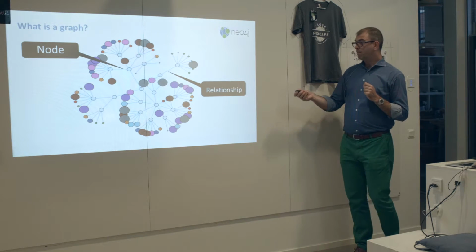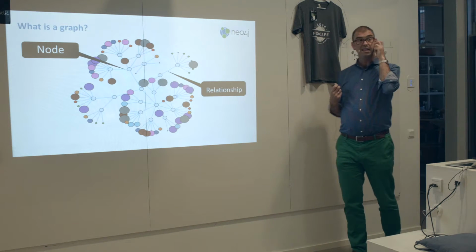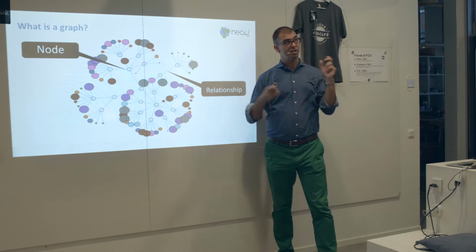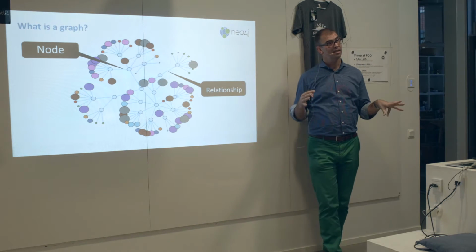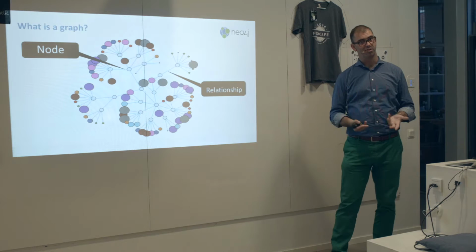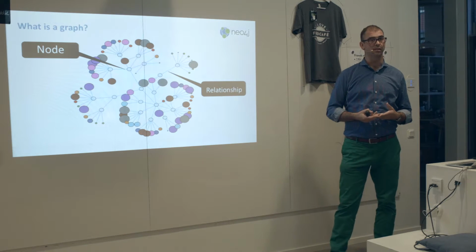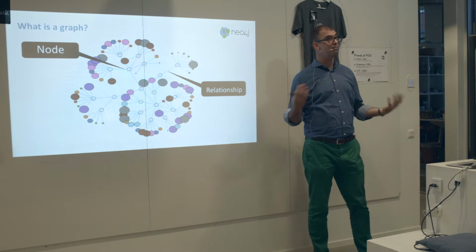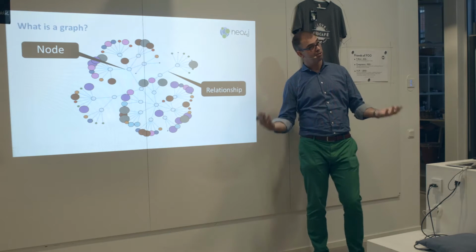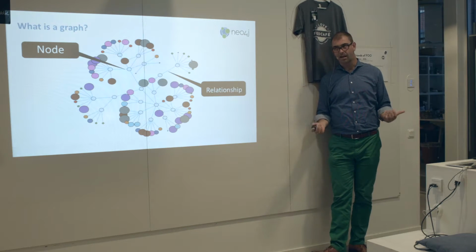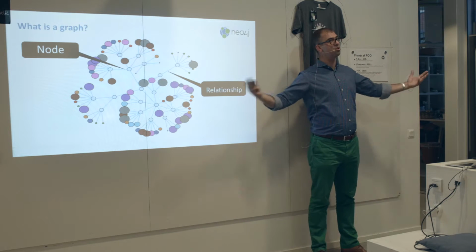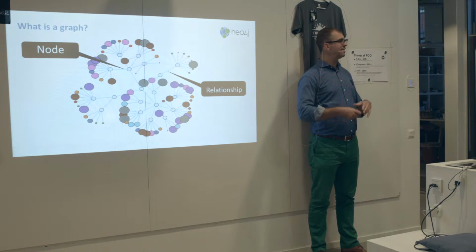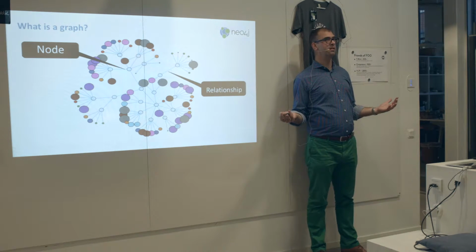But the interesting part, I think at least, is in the relationships, right? Because all of those nodes contain data, but the relationships are first-class citizens in the graph world, and they are equally important. They contain data also, and they provide structure to these instances of entities, right?